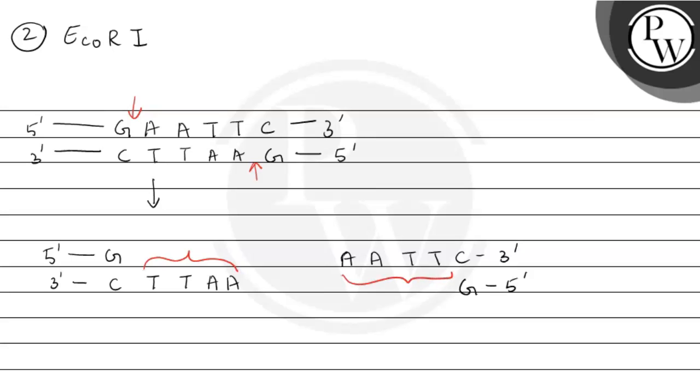So again EcoRI results in the formation of sticky ends. EcoRI also cleaves the DNA in such a way that it results in two DNA fragments with sticky ends. Now, if we see the third option, the third option is HaeIII.